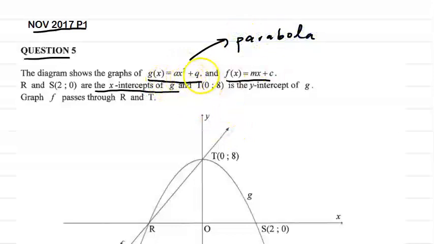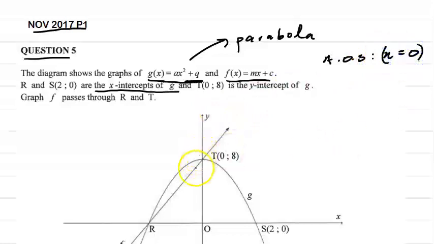And if you understand the standard form, remember that q is going to be our y-intercept or our turning point, because it's in the form ax squared plus q, which means that the axis of symmetry is going to be the y-axis, which is x equals 0, right?